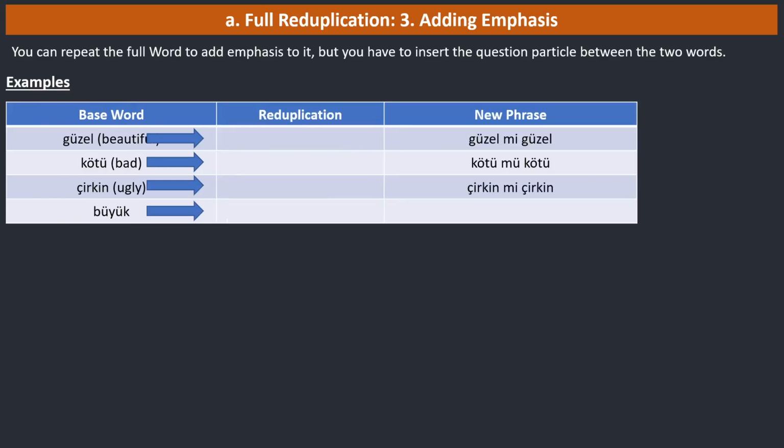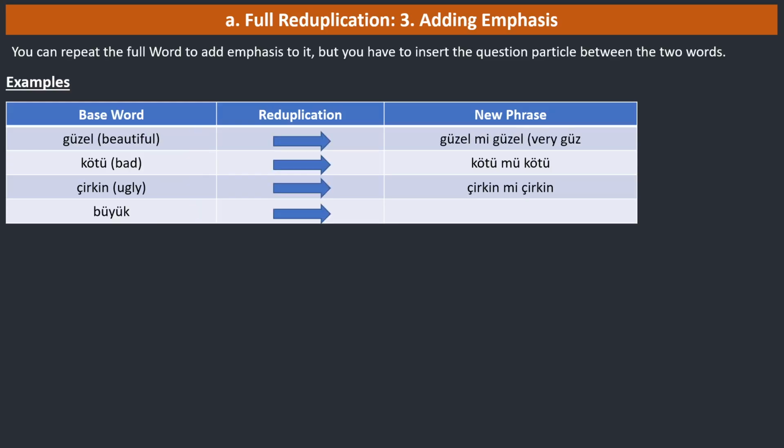Maybe I should write the translations for this because this is important. Güzel mi güzel is like very güzel. Very güzel. I will keep with this. Very bad. Very, very kötü. Okay, it has the very meaning.